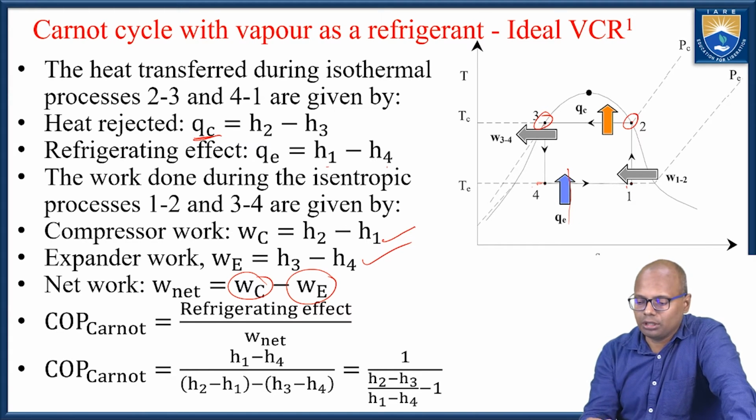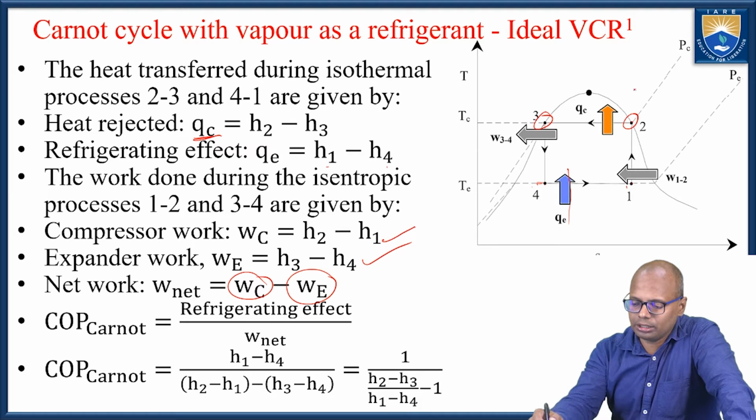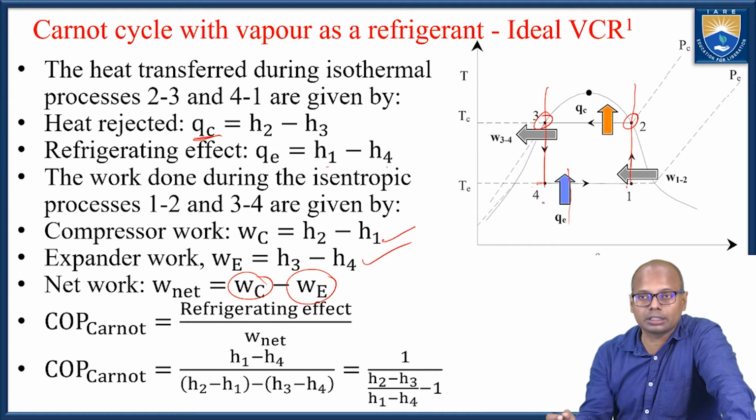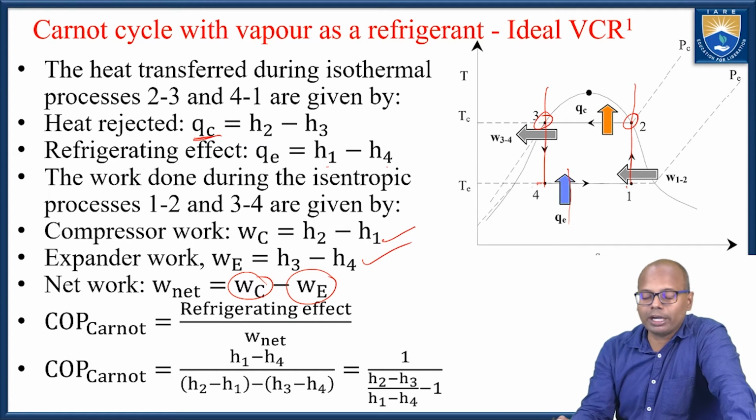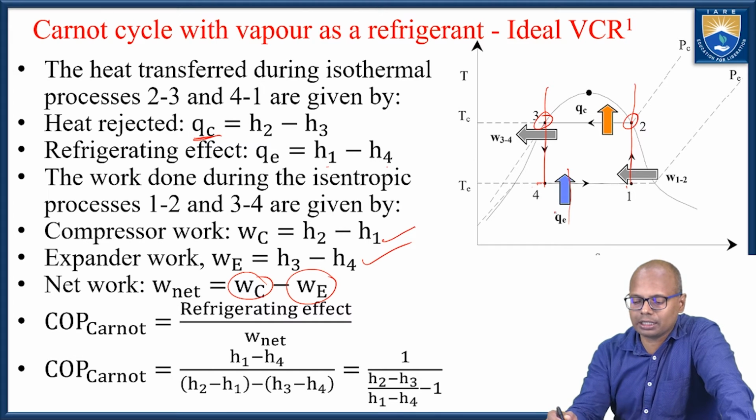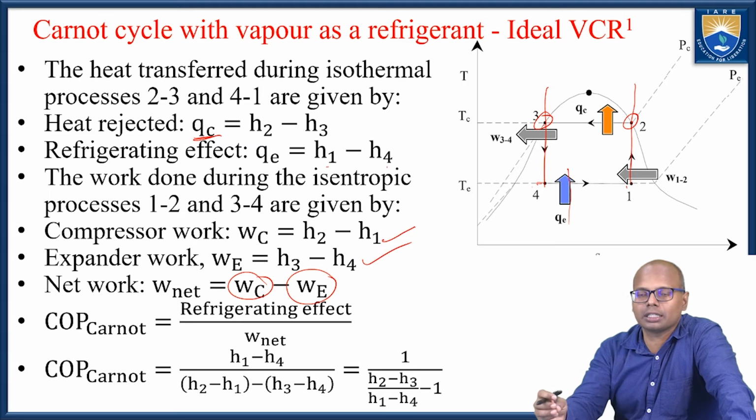Here, this is on the higher entropy side and this is on the lower entropy side. So what happens is the work that the turbine can produce is less than the work that is required for the compressor.